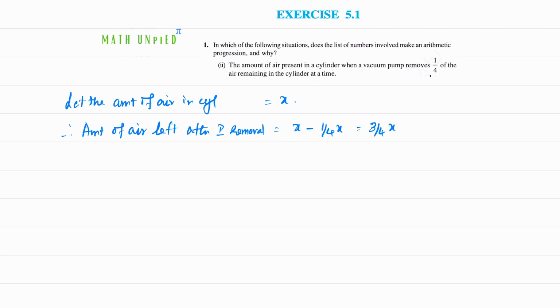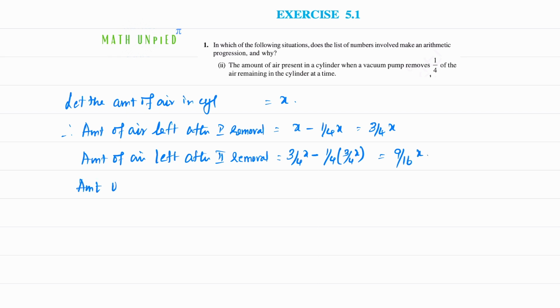Now moving on, this will be the amount of air left after second removal. What will be this? 3/4 of x minus 1/4 of 3/4 of x, 9 by 16 of x.